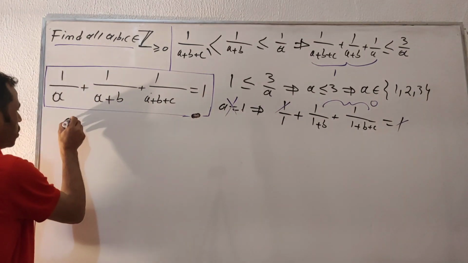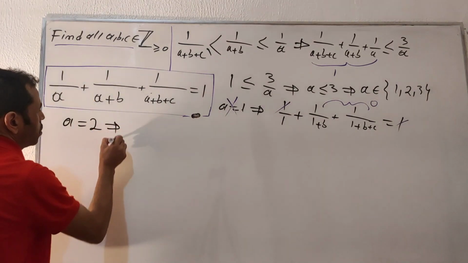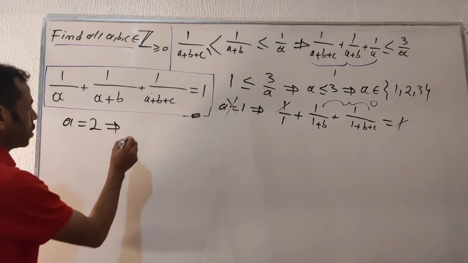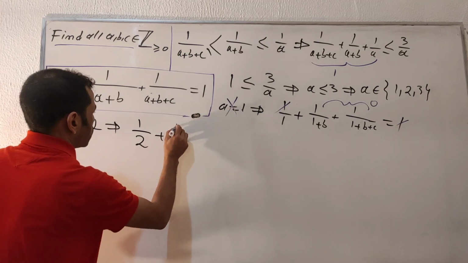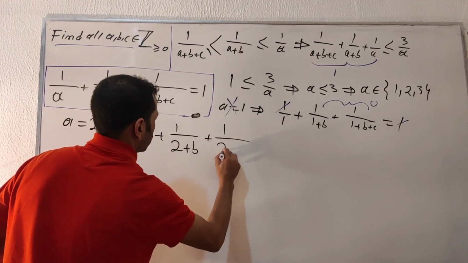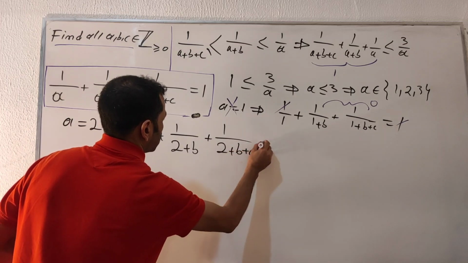Let's move on to the next case, a equals 2. I do the same thing: plug in a equals 2 here. I get 1/2 + 1/(2+b) + 1/(2+b+c) equals 1.